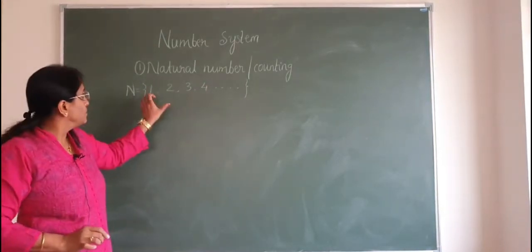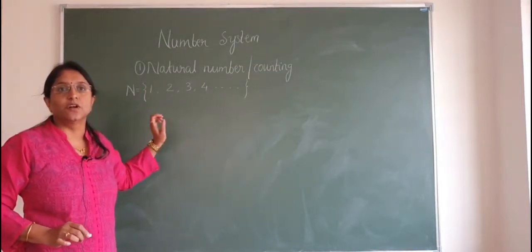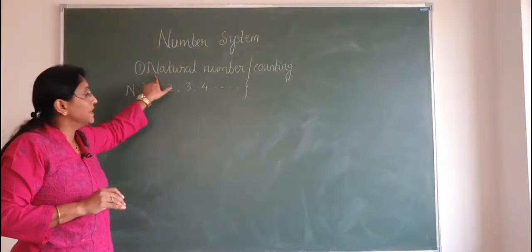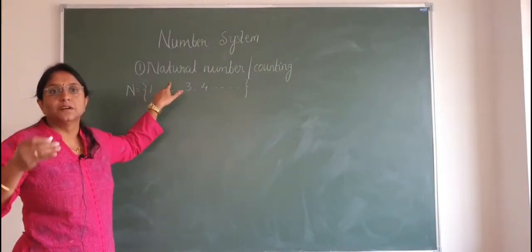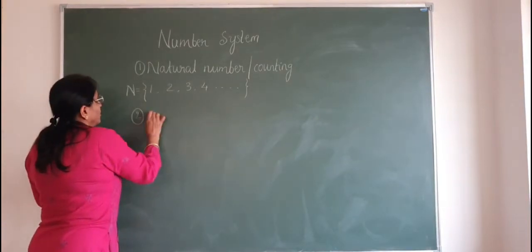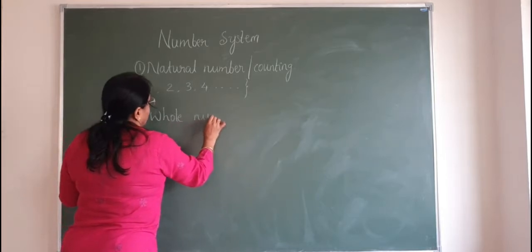Then we observe here only positives are there, but 0 is not included. So we'll include 0. Then this natural set becomes the whole number set. That is, I include 0 in this set, whole numbers.